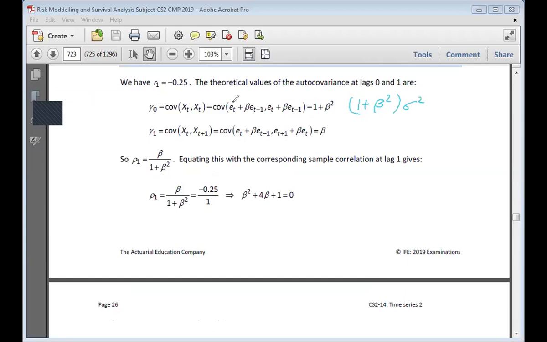Because the answer that I would get is for Et, and Et will be sigma square. And here you will have beta square sigma square. So I take sigma square as common and I'll get 1 plus beta square. And for this one, I will have beta sigma square. So this and that would cancel, I mean, inverse here. Yeah, okay. That was a good catch. Thank you very much. Great. Very good. So, yeah.